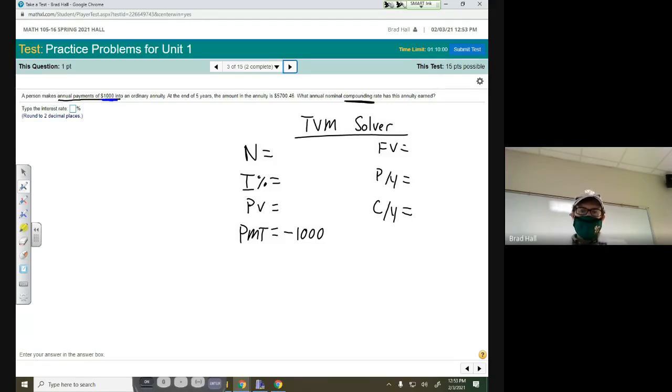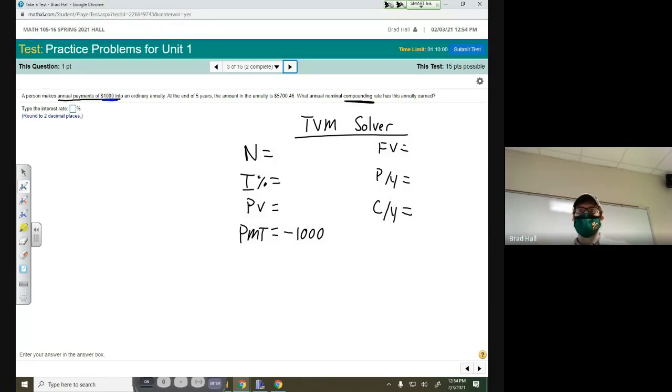From here, well, oh, you have a question? Do you have to put the negative in the calculator, or just automatically assume what the payment is going to be? You always want to put the negative for the PMT in the calculator. I suppose that's us explaining to the calculator the direction of the transfer of money.